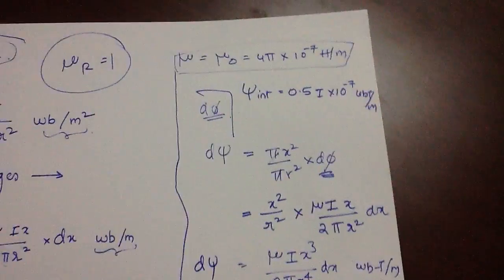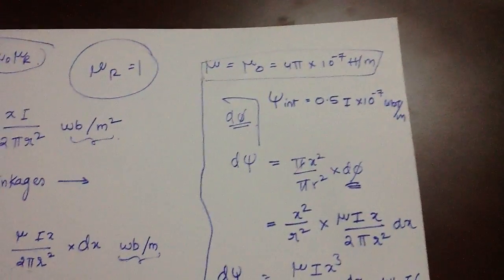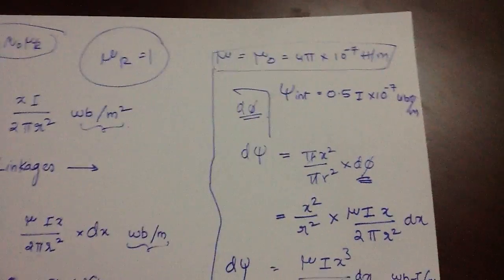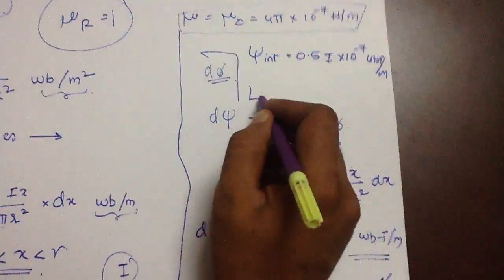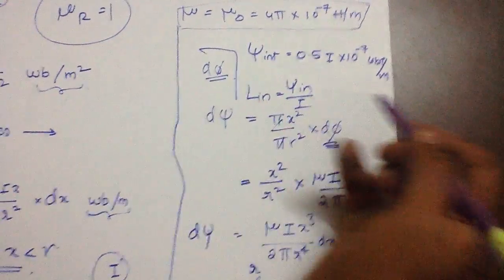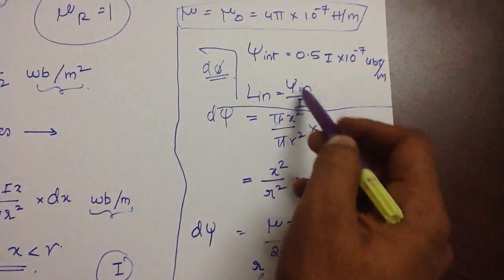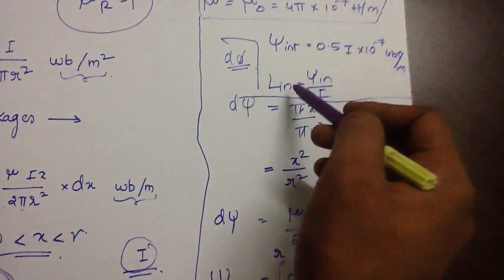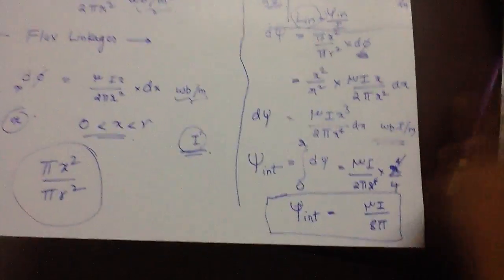So that is the final value we can get for the total of the internal flux linkages in the conductor. Now you can also go further and find the actual internal inductance in the conductor by dividing the total flux linkages you have got by I, and you can find the internal inductance of the line.